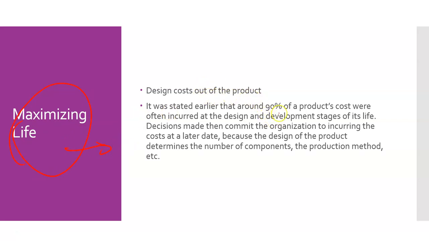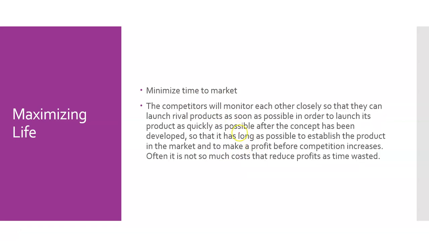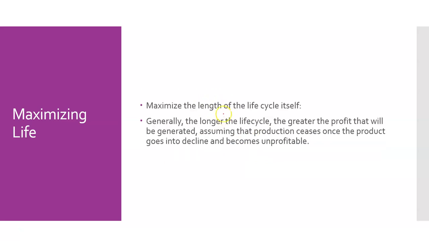Try to reduce the cost by monitoring the early development costs. If I can monitor those and bring those down, that's the key point. If we can reduce those costs as much as we can, we minimize time to market. We want to get the product into the marketplace as quickly as possible because competitors are watching us. Maximize the length of the cycle.